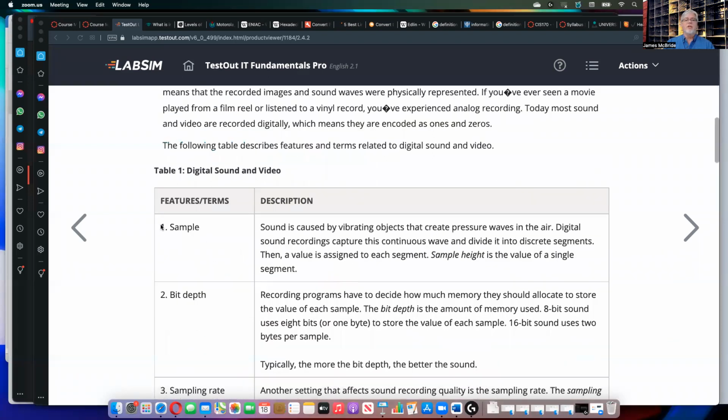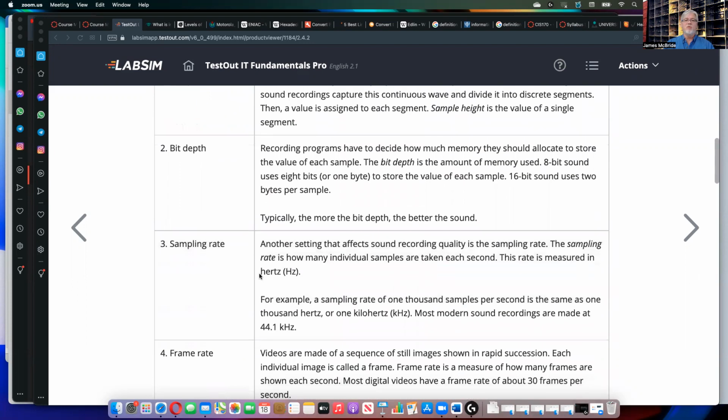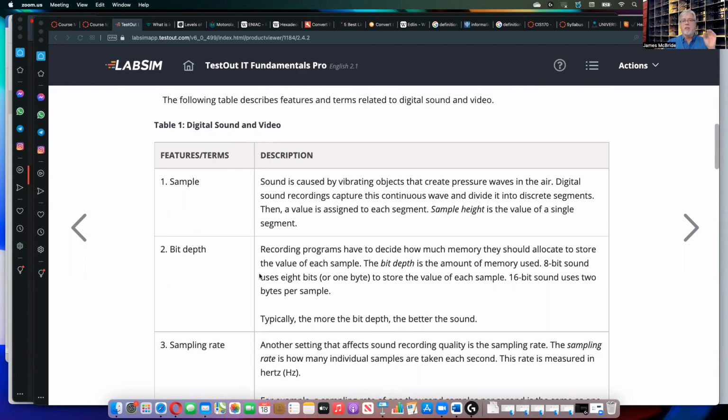I think it's actually interesting, the sound and video stuff. You meet those people that are like, oh man, it's got to sound, it's got to be this bit rate. They don't even know what any of that means. They're just talking about one little thing that they know.